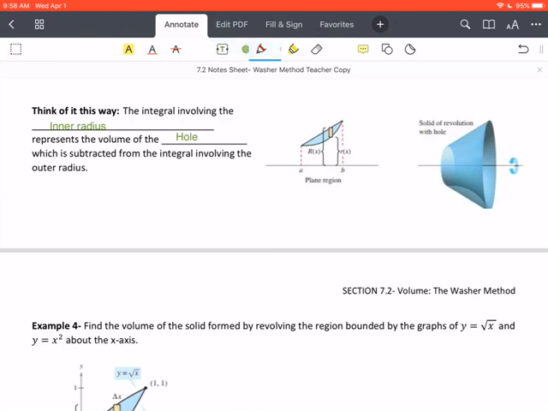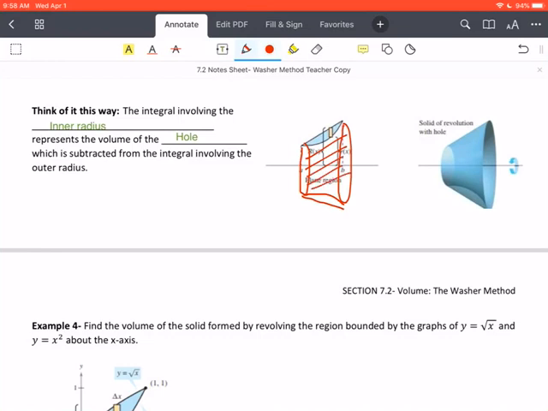If we sketch in this picture here, we're trying to do the mirror image, the inner radius, which is little r, we're really finding the volume of this hole here. This is the hole.